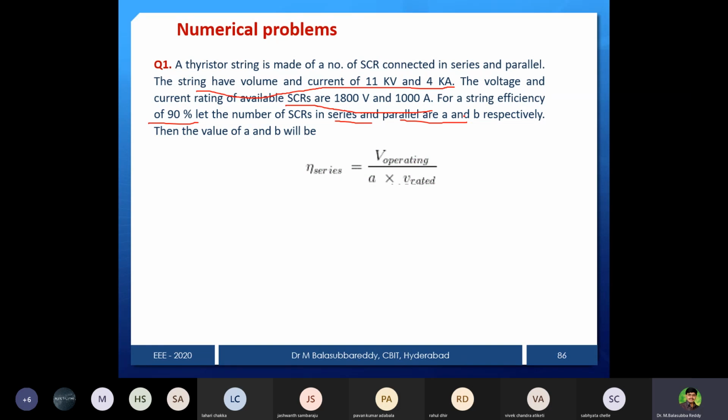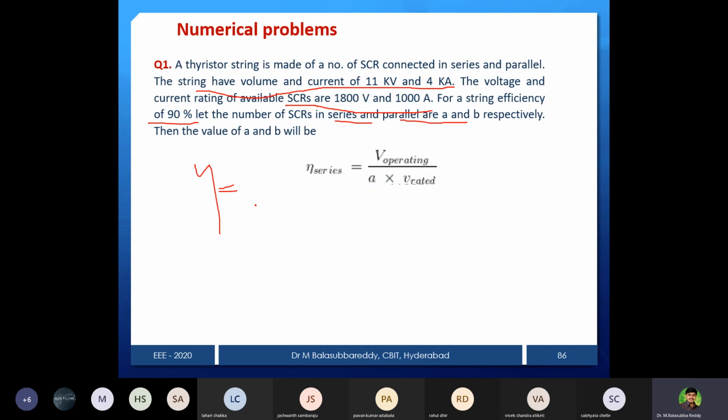As you are aware from the previous class, the string efficiency formula: if I want to find series, use the voltage; for parallel, use the current. So the string efficiency is the actual voltage rating of the whole string divided by the number of SCRs in series into one SCR voltage rating.